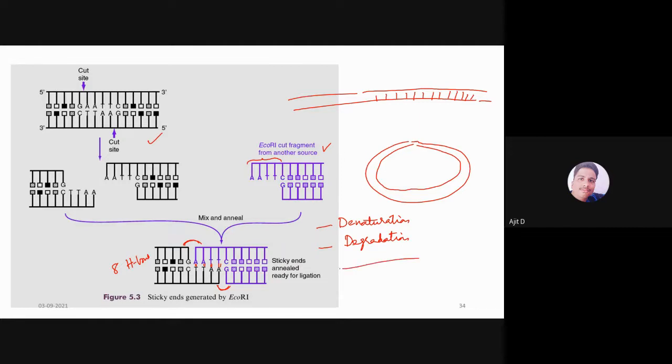Denaturation here is breaking the hydrogen bonds. In nucleic acids, or even proteins, if a DNA becomes single-stranded, that is denaturation. Degradation is if the same DNA breaks its phosphodiester bonds.